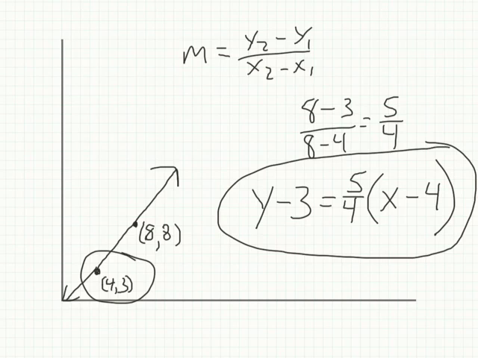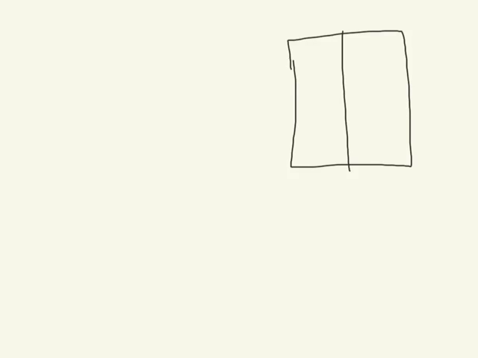Okay, now the final thing we're going to do is write an equation using the point slope form by using a table. So let's take a look at a table here. Let's say we have time, and we'll represent that with an x, and altitude.